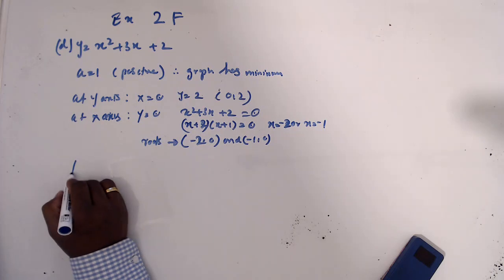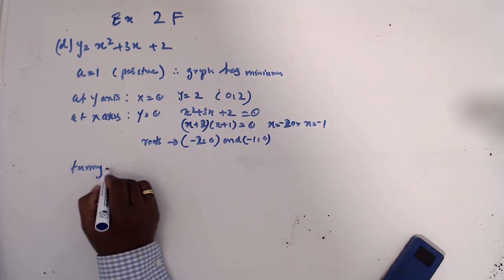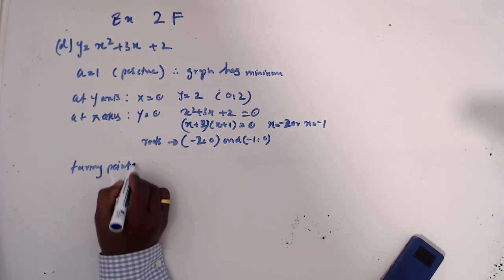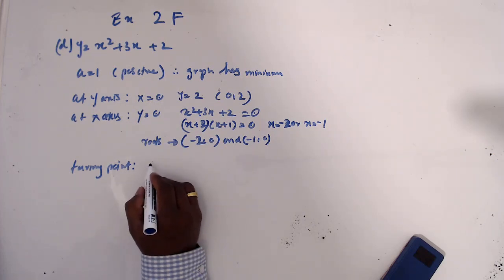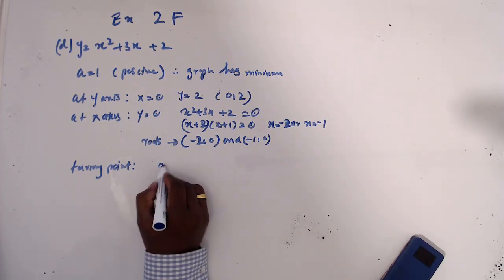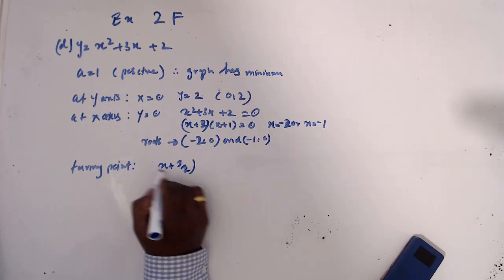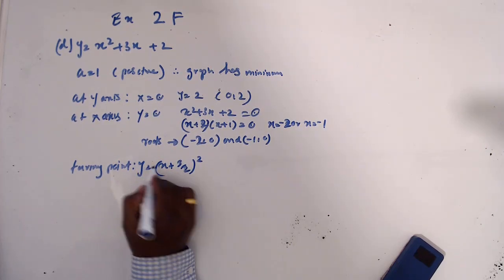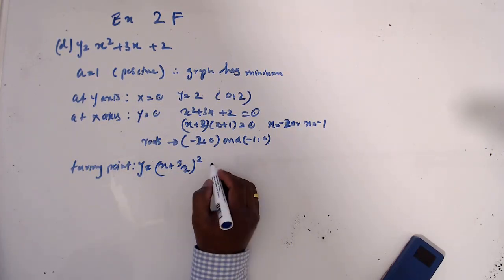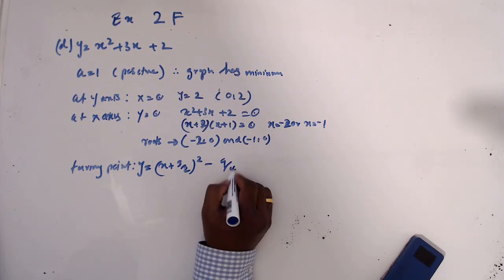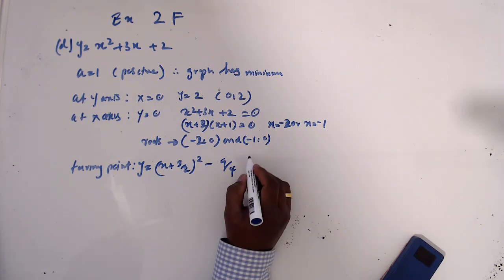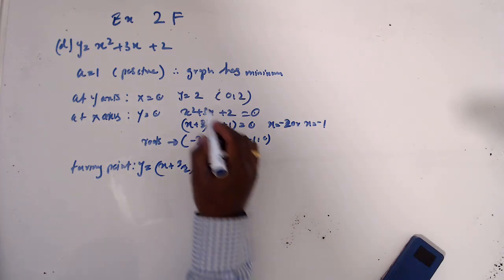Then the turning point. Completing the square: (x plus 3 over 2) squared, y equals minus 9 over 4 plus 2.